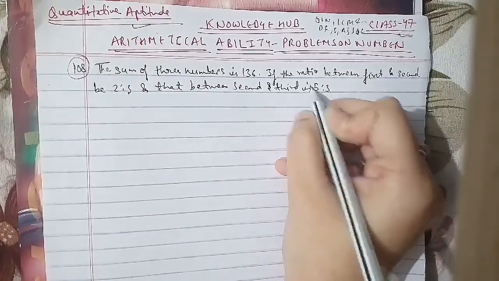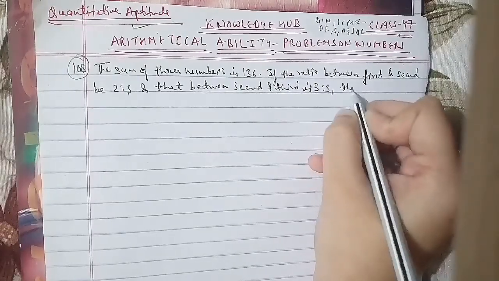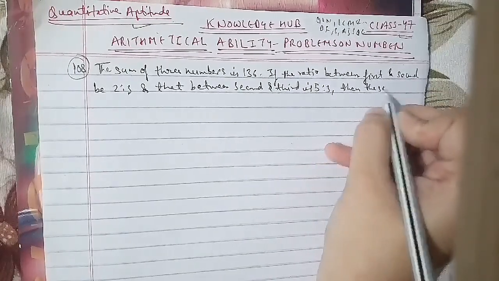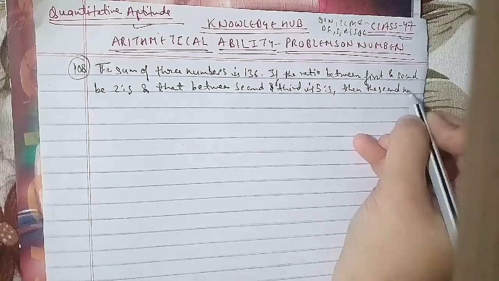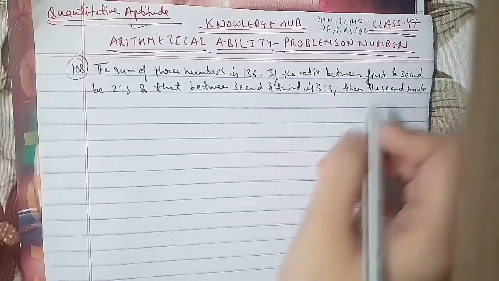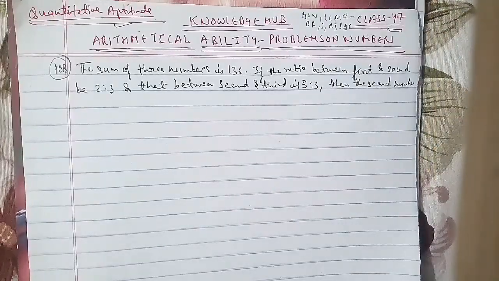Then the second number is, we have the options 40, 48, 59, 60, and 72.